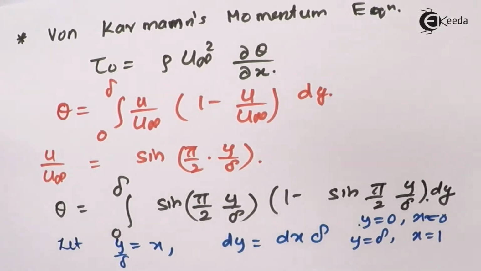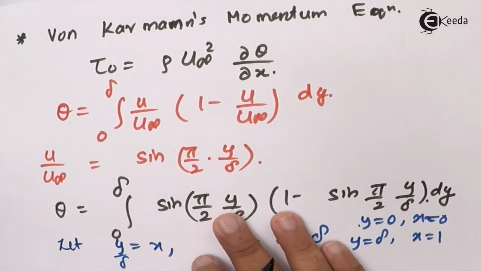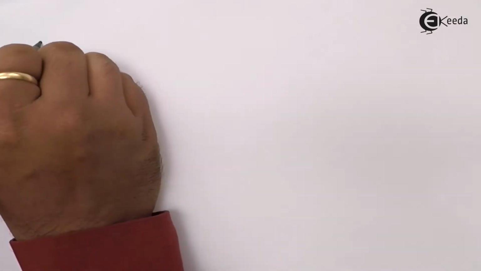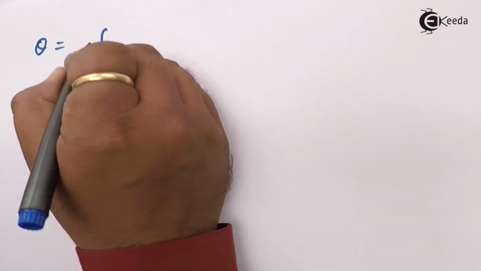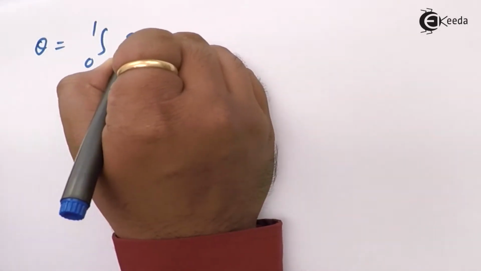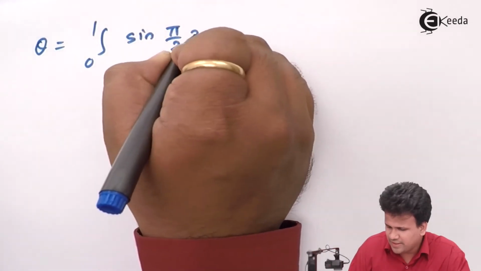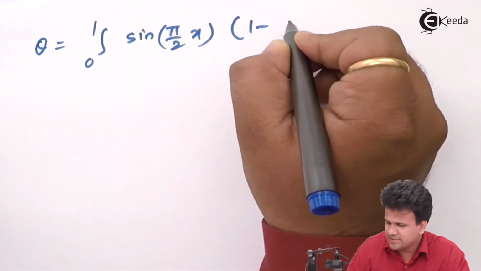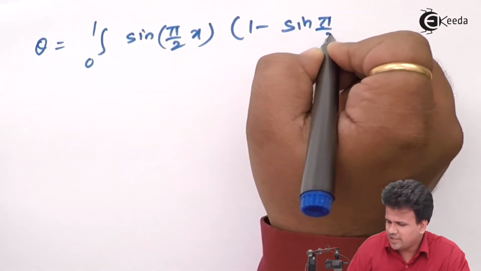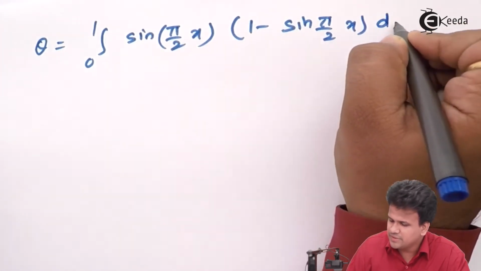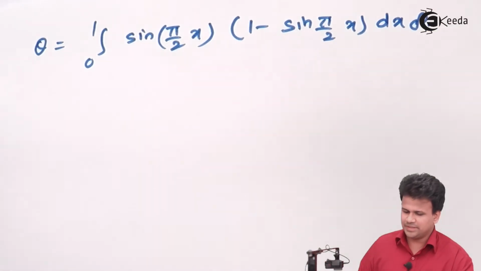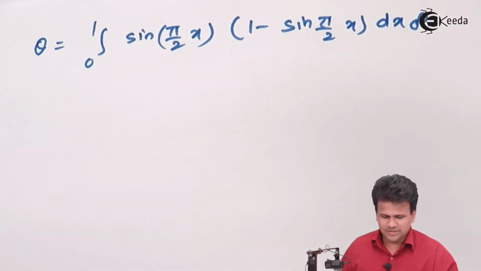So we have all these terms, we'll substitute in this equation. So we'll get theta is equal to integral 0 to 1 of sine of pi by 2x into 1 minus sine of pi by 2x into dx into delta.